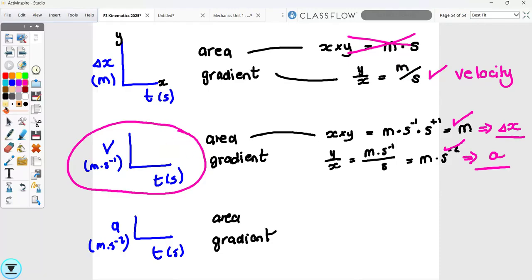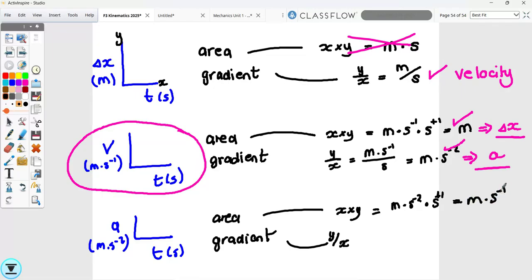Then for the last one, for the area here, it's again x times y, and here it's again y divided by x, the gradient. Now this time for the area, it's meters per second squared times seconds. That's a plus 1. So the plus 1 cancels one of those and we end up with meters per second.